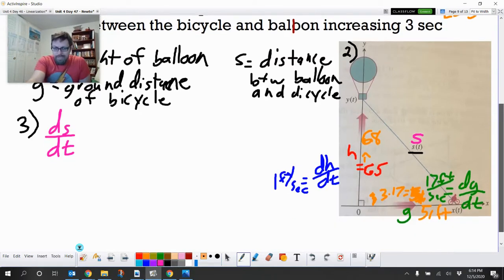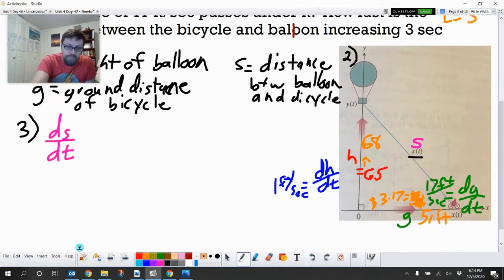Okay. All right, let's start solving this thing. So to do that, we need an equation. The other ones were like volumes, but this one doesn't seem to be that. This one is a right triangle. So we can use the right triangle distance formula because we're actually looking for ds over dt.